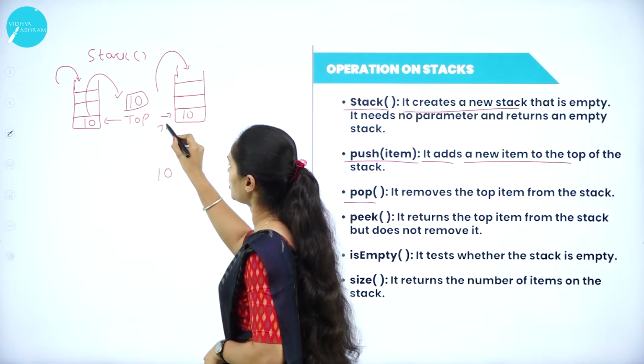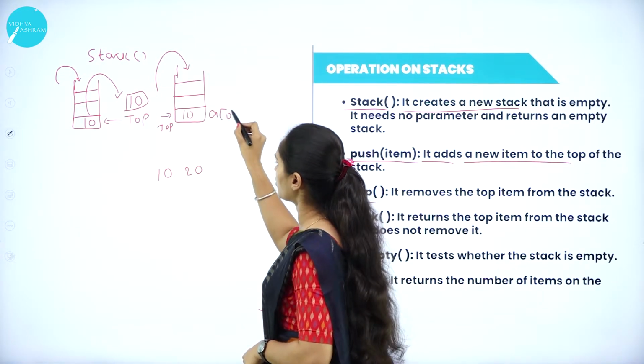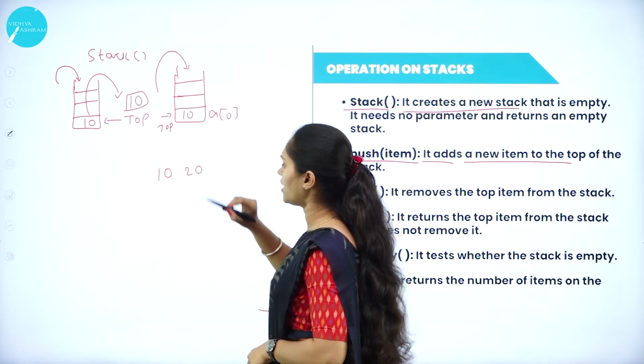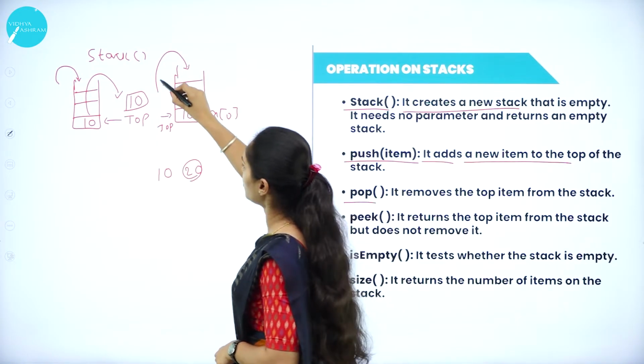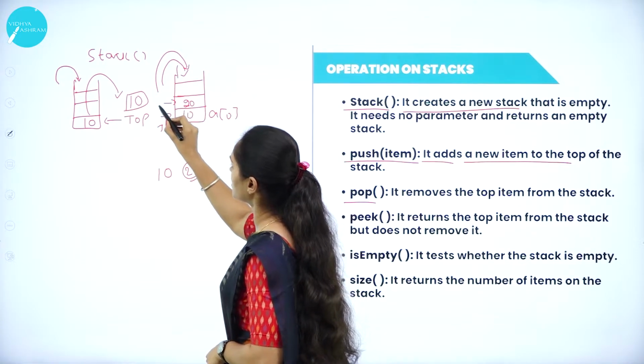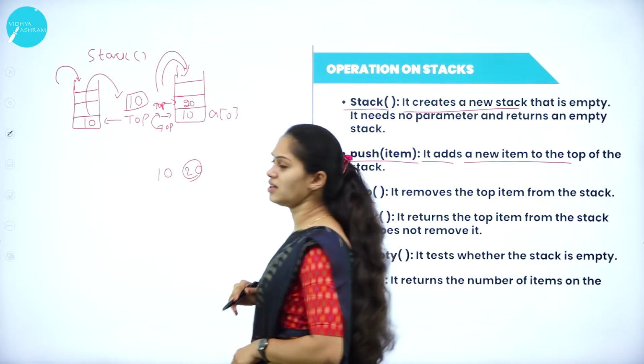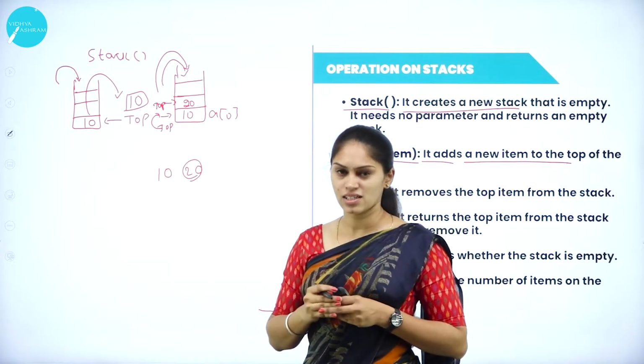So for now my top will be pointing to the first location or base location, that is 10, and I want to add a new element called 20. If I want to add a new element called 20, then it will come here. For that, top will be incremented by 1 and top will point to the next element of that stack.